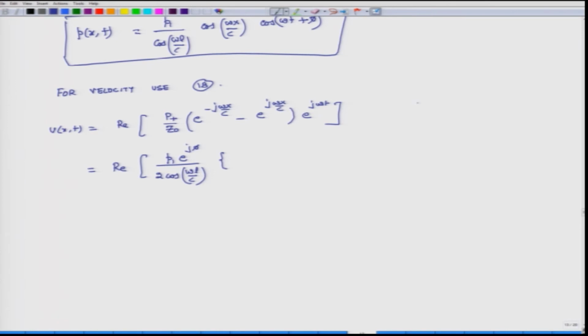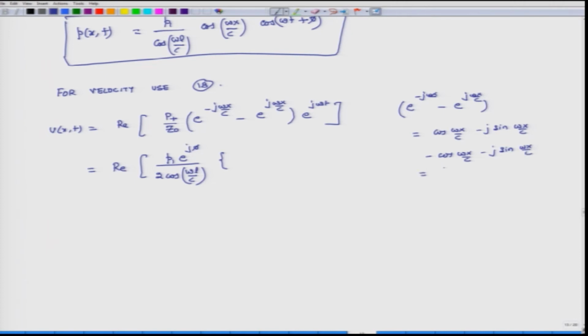We also know that e to the minus j omega x over c minus e to the j omega x over c, if I take their real and imaginary components and subtract one from the other, I get cosine omega x over c minus j sine omega x over c, minus cosine omega x over c minus j sine omega x over c, right.